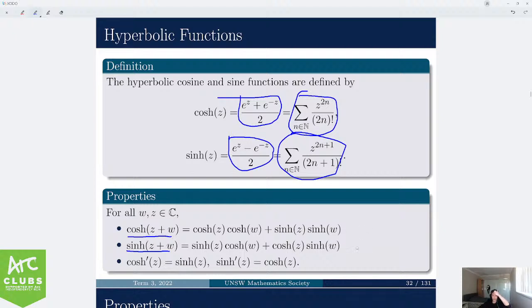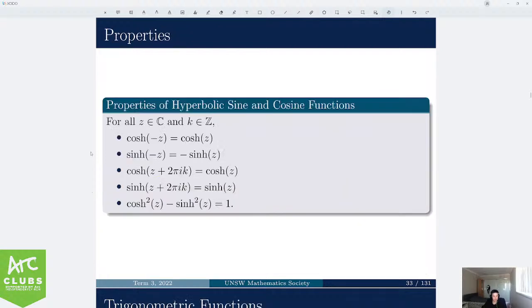And these all carry over from our real compound angles. And if you differentiate cosh, you get sinh, and same if you differentiate sinh, you get cosh. So these all carry over from our real coshes and sinhs.